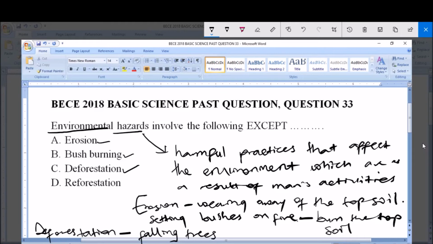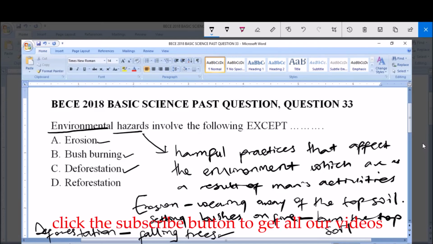Now, this deforestation is actually an environmental hazard, because it exposes the soil to sunlight, to rays, radiations. It exposes the soil to erosion. And when all this occurs, it depletes the nutrients of the soil, and this affects plant production. So deforestation is an environmental hazard.